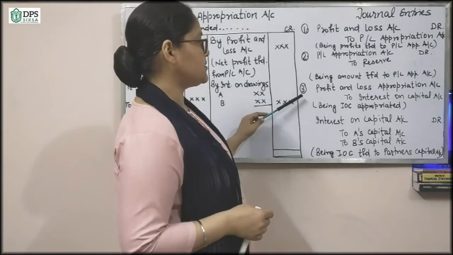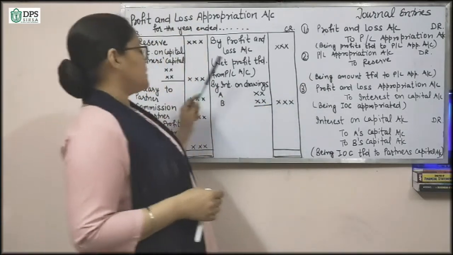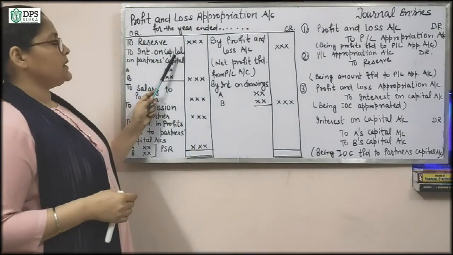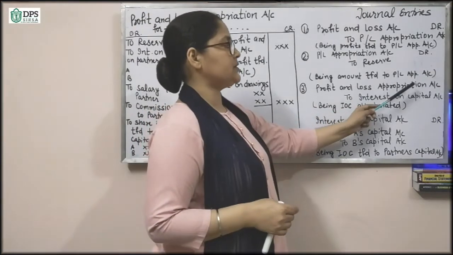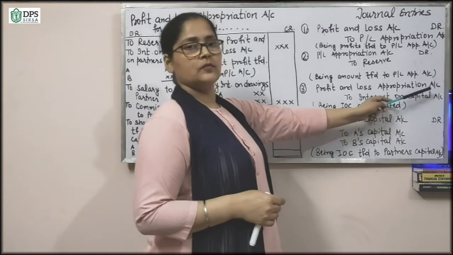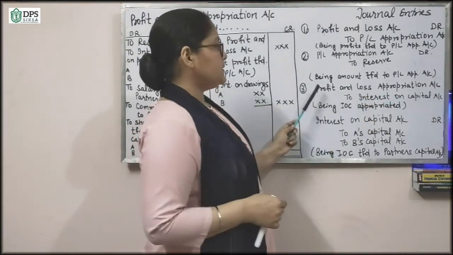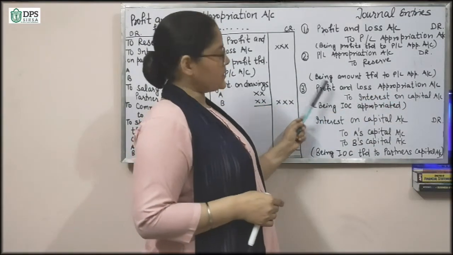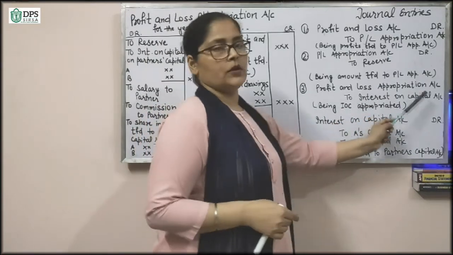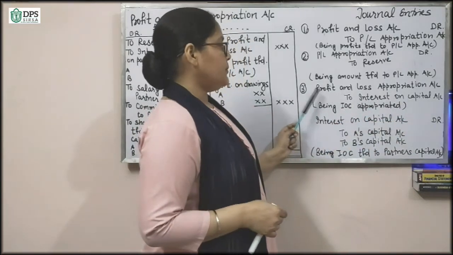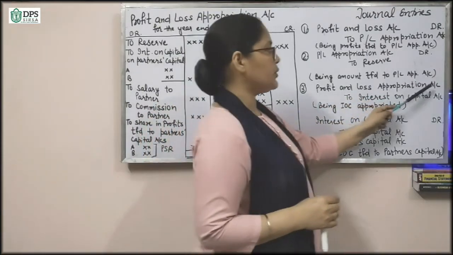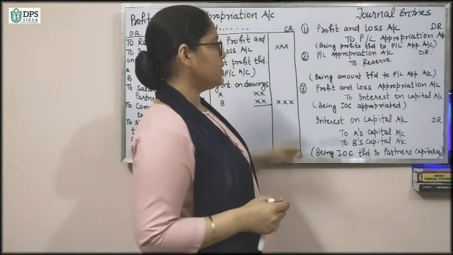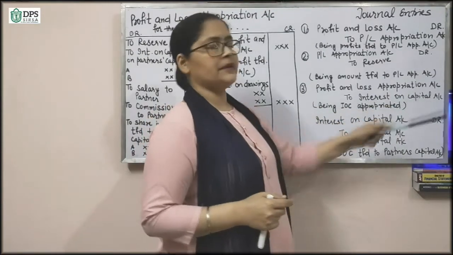The third entry is of interest on capital. Profit and loss appropriation account is again debit. Why? We are deducting the amount of interest on capital from profits, and profits are decreasing. So profit and loss appropriation account is debit to interest on capital account.